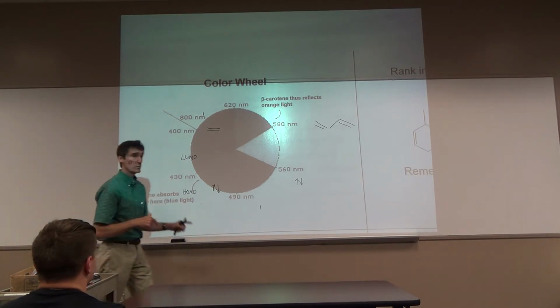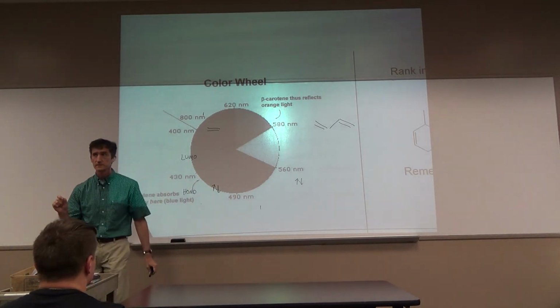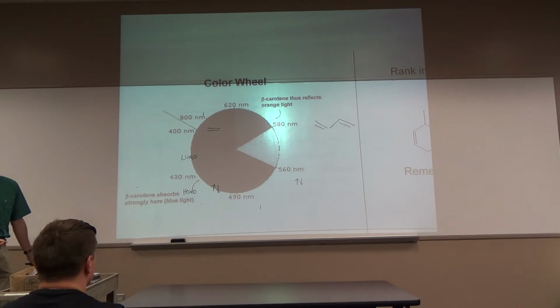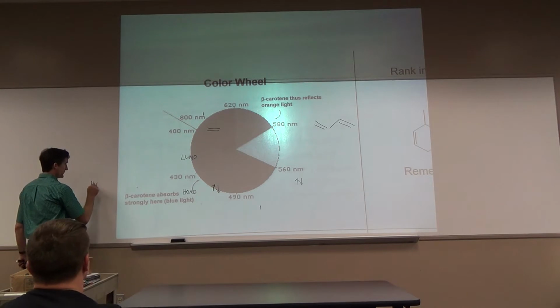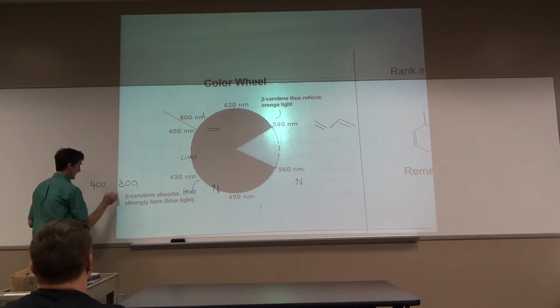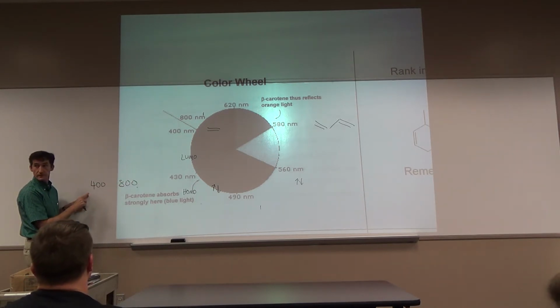Before we look at the color wheel, where's the maximum absorbance for beta-carotene? What wavelength? 440? Okay, what color light is that? Visible is 400 to 800. Roy G. Biv?